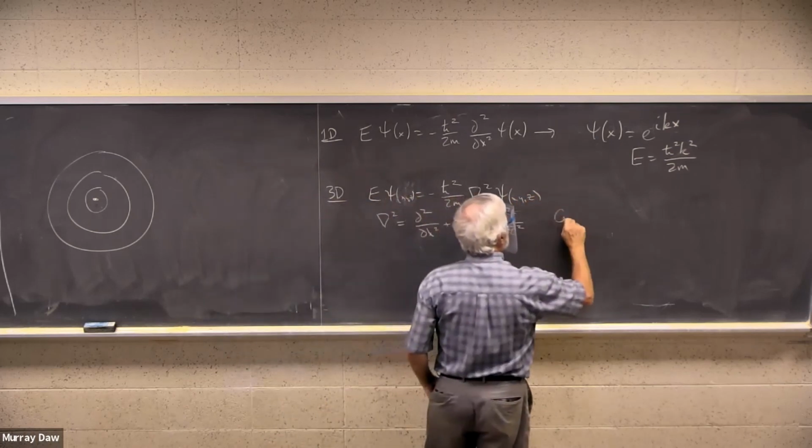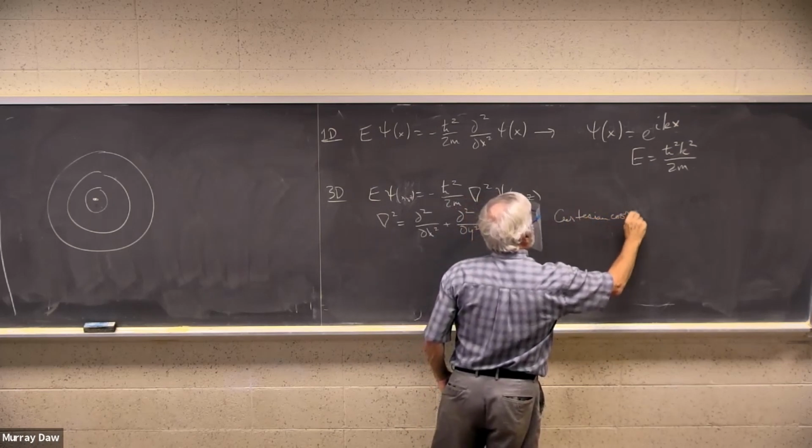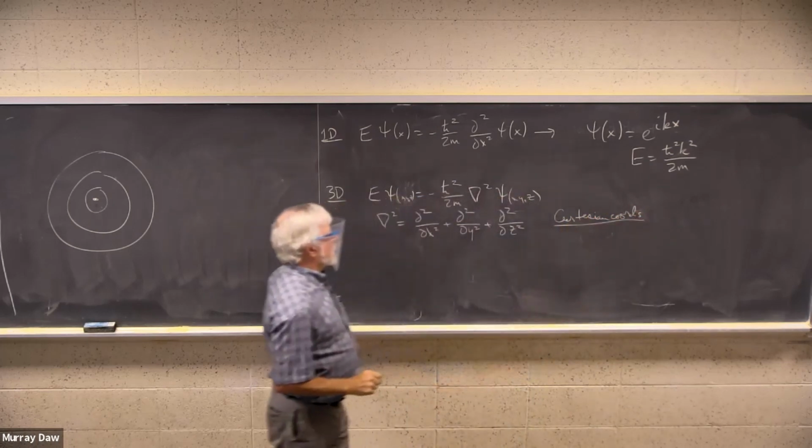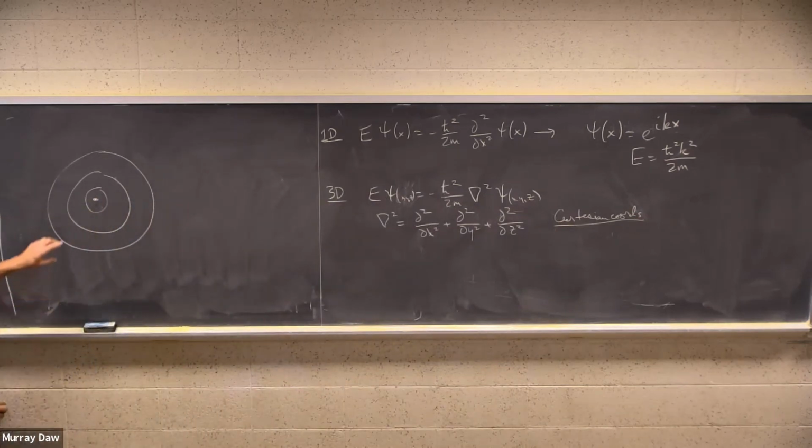We could solve this equation. That's not very convenient though, because you have something which is spherically symmetrical, so it's not convenient to use Cartesian coordinates, which are much better suited, for example, to plane waves than to a spherical wave.